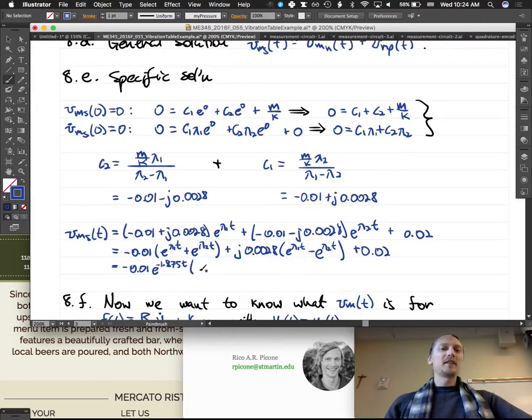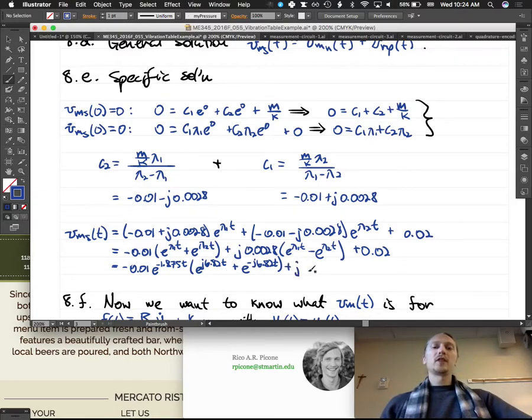And what's left in here is e to the j, and then just the imaginary part, which was 6.82 t, plus e to the minus j 6.82 t. Yes, because there was a t multiplying the real and the imaginary part.